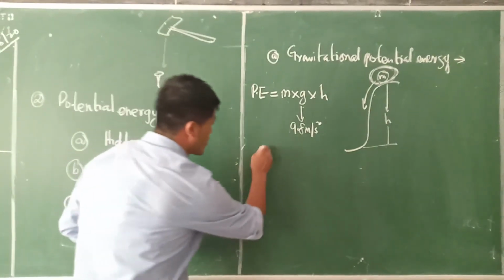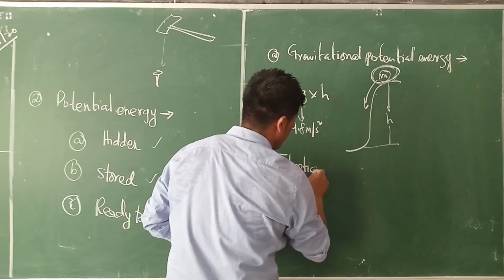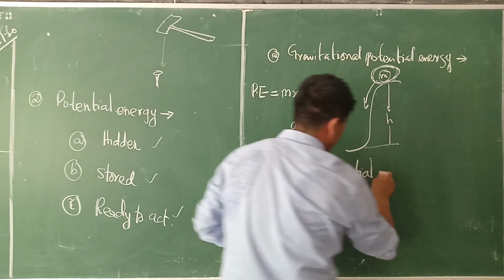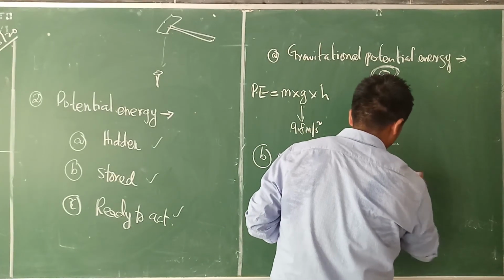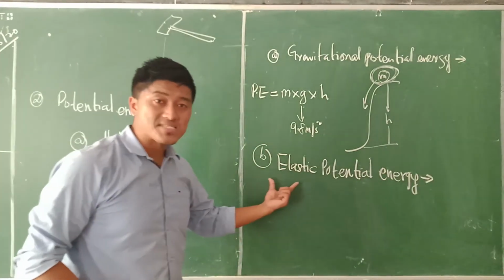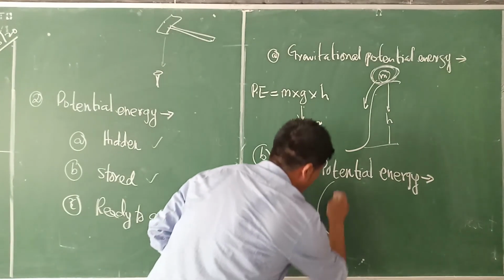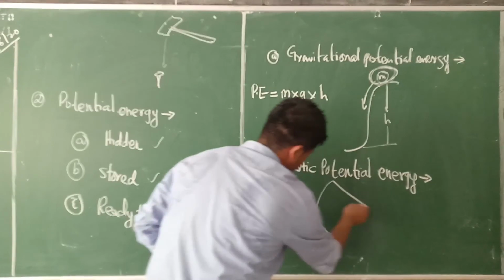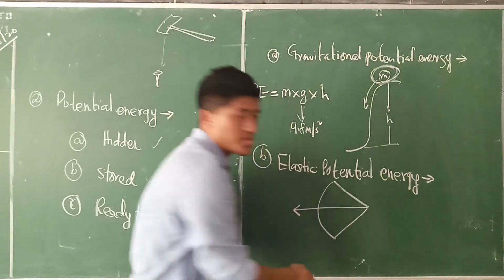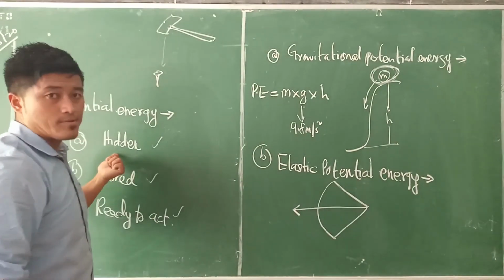Okay? Now the second one here, that is B, elastic potential energy here. Elastic potential energy. The word elastic itself. Elastic. Right? Okay, let's take the example of bow and arrow. Okay. Is it elastic in the string? Yes, it is elastic. Is it hidden? Yes.